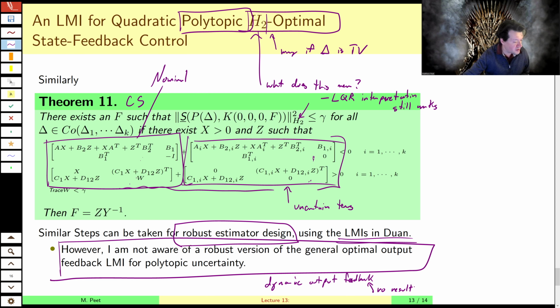All right, so that's again, in like, I don't know, 5 slides, we were able to extend basically all the LMIs from lectures 8 through 11 to the robust case, just through that very simple way of enforcing LMIs at every point in a polytope, and by extension every point in a hypercube.